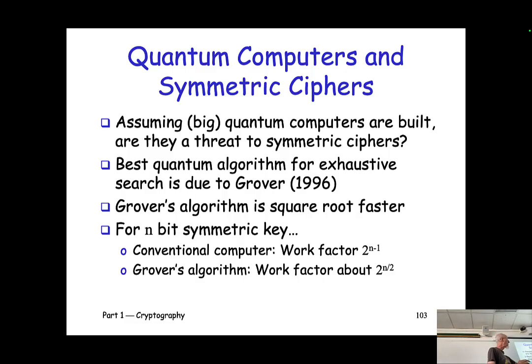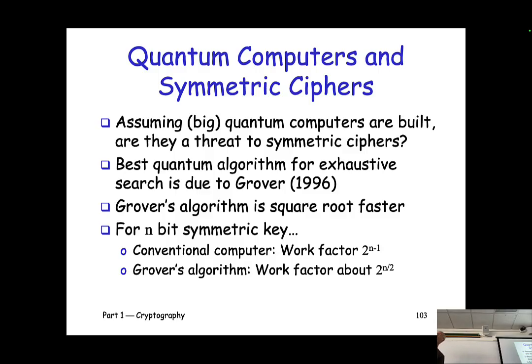So what that means is, if you had a symmetric cipher that had a key that was n bits, using a classical machine, where you have to do an exhaustive search, the work factor would be about 2 to the n minus 1, right? We try about half the keys, and then we get the correct answer. So for a secure cipher, this is your attack on a classical computer. Using Grover's algorithm on a quantum computer, it's about 2 to the n over 2. That's the square root of 2 to the n. So that's a very significant speed up.